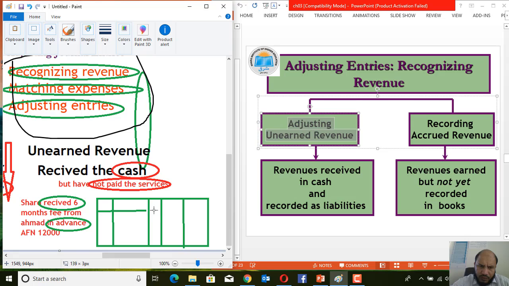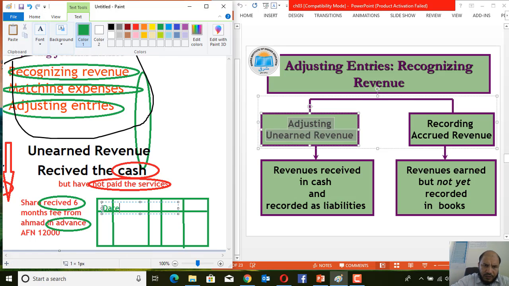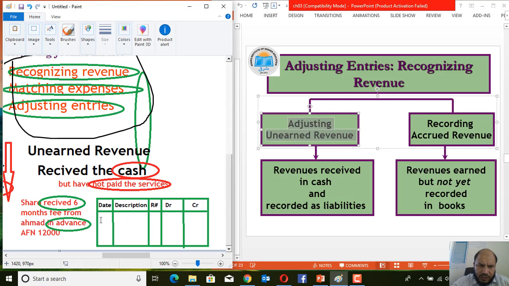Simply, I will write down the titles here: this is date, this is the description, this is the reference number, this is the debit record, and then we have the credit record.